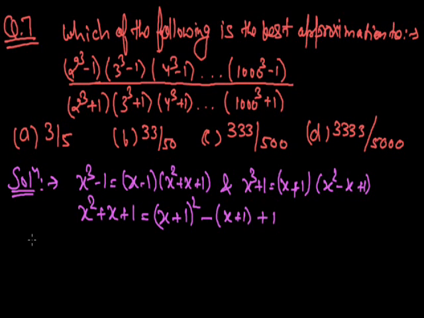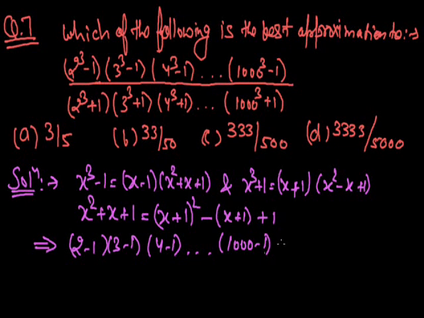So the given expression can be represented as (2 minus 1)(3 minus 1)(4 minus 1) up to (1000 minus 1) into (2 square plus 2 plus 1)(3 square plus 3 plus 1)(4 square plus 4 plus 1) up to (1000 square plus 1000 plus 1), divided by (2 plus 1)(3 plus 1)(4 plus 1) up to (1000 plus 1) into (2 square minus 2 plus 1)(3 square minus 3 plus 1) up to (1000 square minus 1000 plus 1).